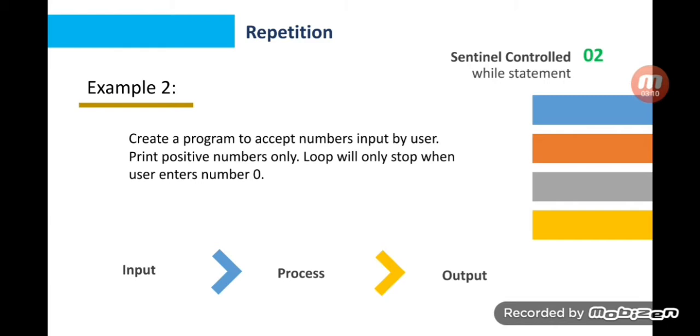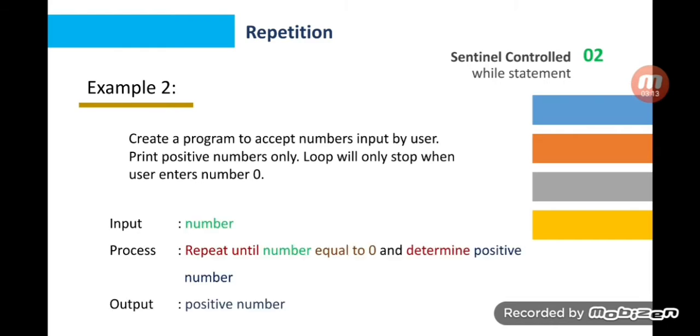Okay, and then bila kita buat IPO, input, number, output, positive number. And then process, repeat, ini input kita, until number equal to 0 and determine positive number.